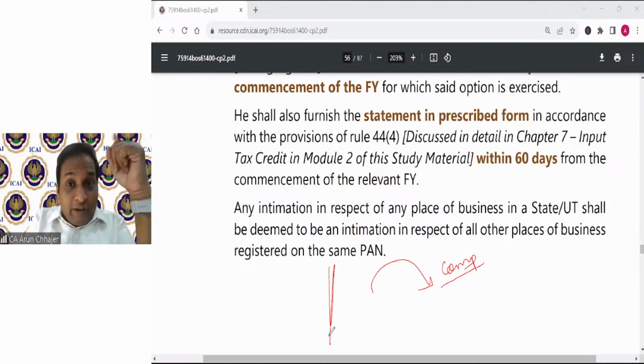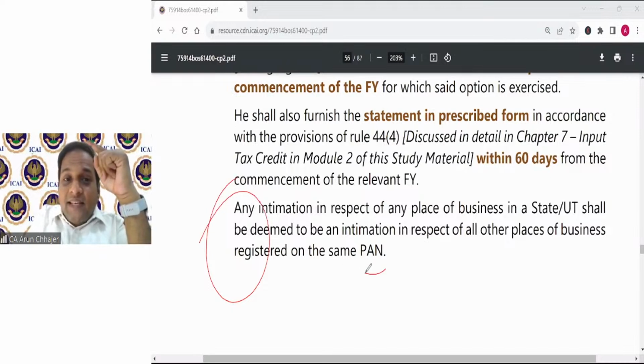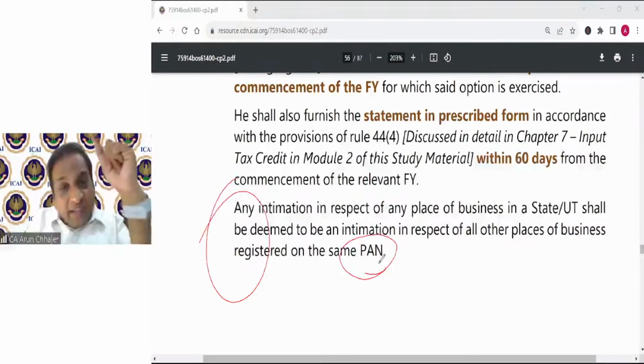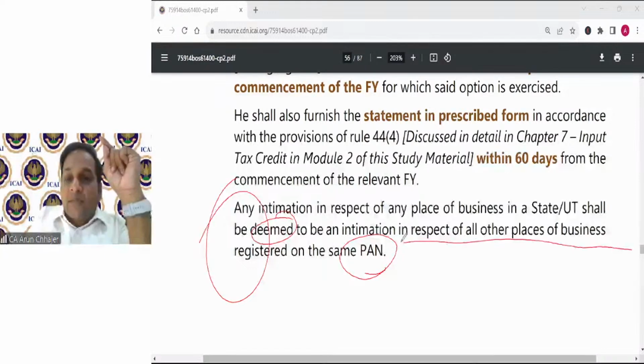You remember the proviso which we have discussed. Now link it with this particular rule. Once any GSTIN under the PAN has filed this form for switching from regular to composition, it shall be deemed that the intimation is in respect of all other places of business.